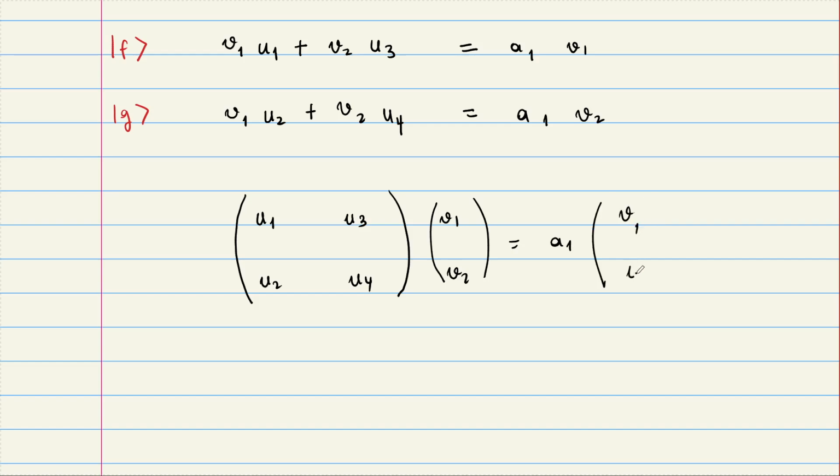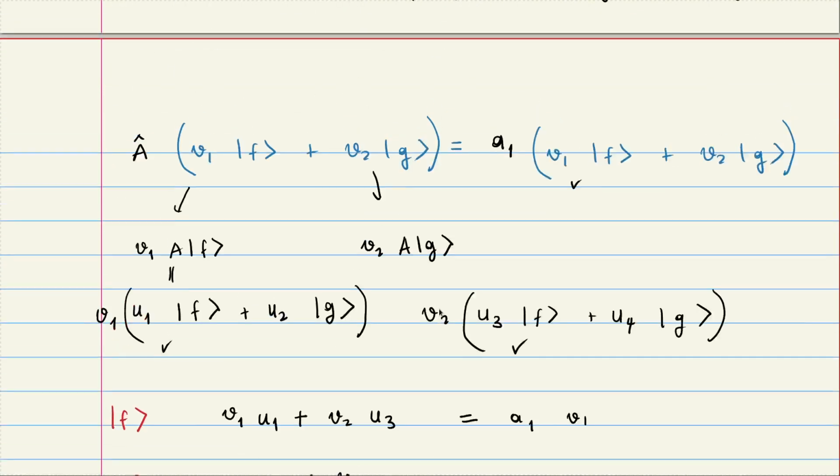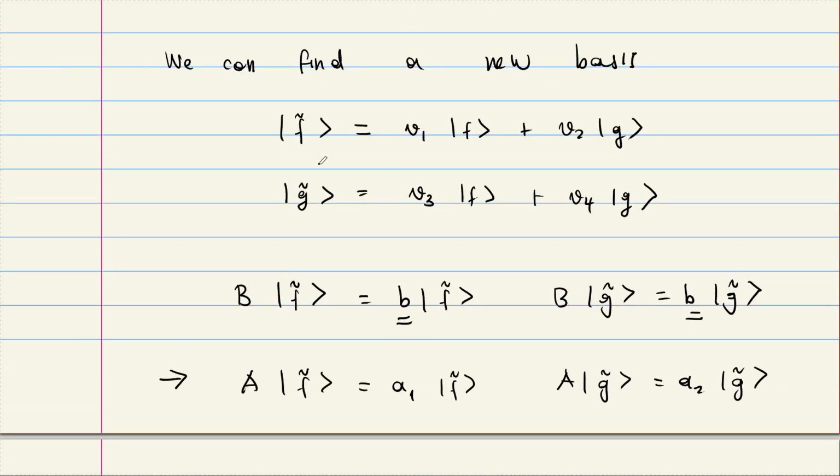What is this equation? An eigenvalue equation, right? Then you can just find the eigenvalues and eigenvectors of U1 U2 U3 U4, and this immediately tells you what V1 V2 to choose. And if you put that V1 V2, you can get an F tilde.